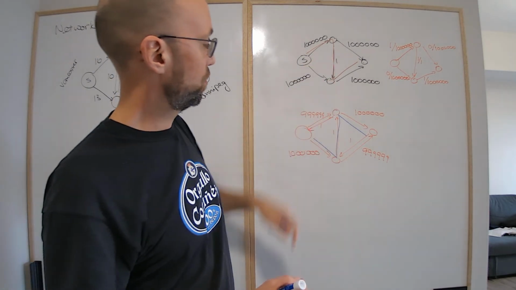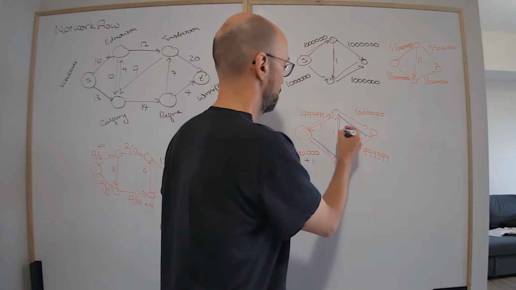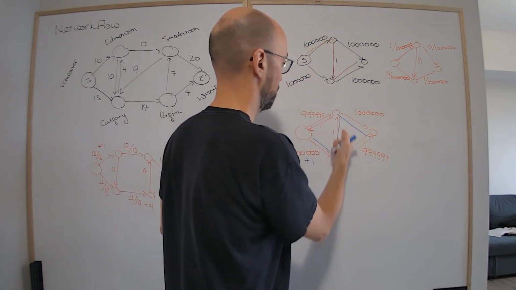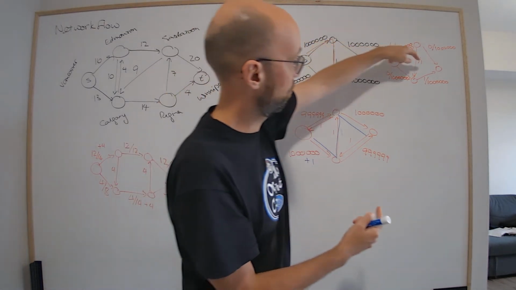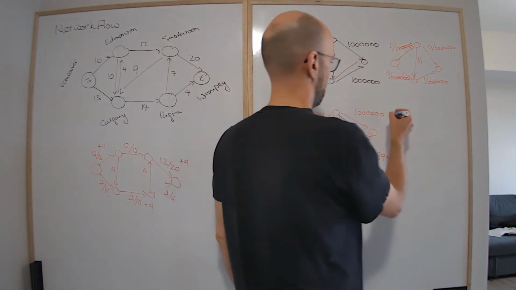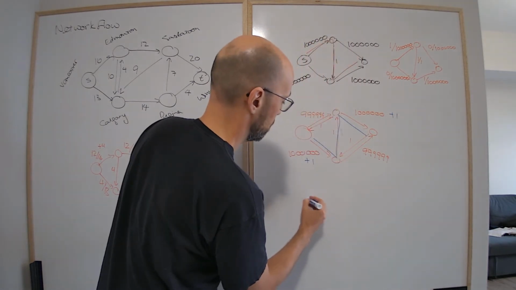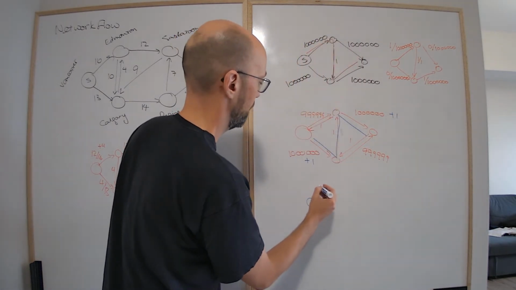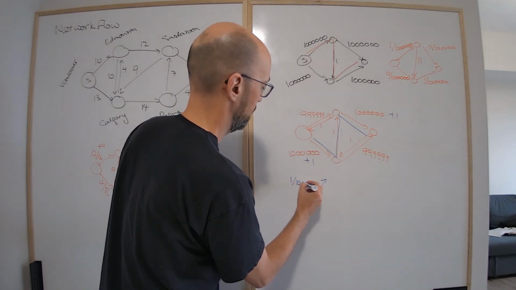So I'm going to take plus 1. This is going to be plus 1 in this direction, so it's going to cancel this one. And then it's going to be plus 1 here. So I'm going to get a new flow, which looks like this, which is 1 out of 1,000,000.